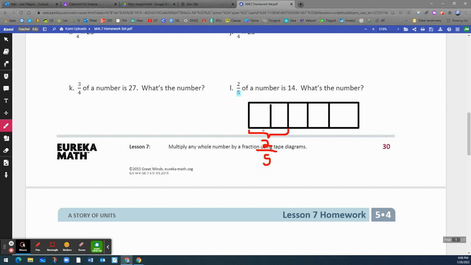And the total for those 2 groups is 14. So that equals 14. Now, if you are a good learner of mathematics, these are 2 groups. So that means 14 is divided into 2 groups.